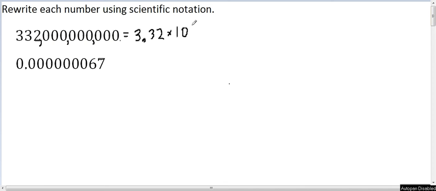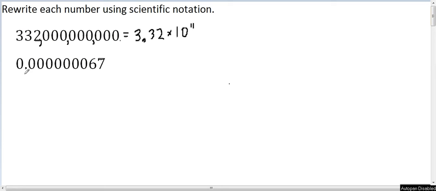And we want the exponent here so that if we multiply 3.32 by this number, we get the original number back. So if we start from here, we need to move the decimal point to the right by 1, 2, 3, 4, 5, 6, 7, 8, 9, 10, 11 digits. So the exponent is 11, and the original number, 332 billion, can be rewritten as 3.32 multiplied by 10 to the 11th power.